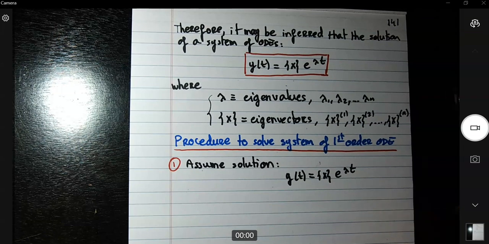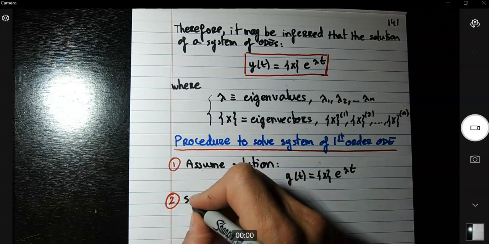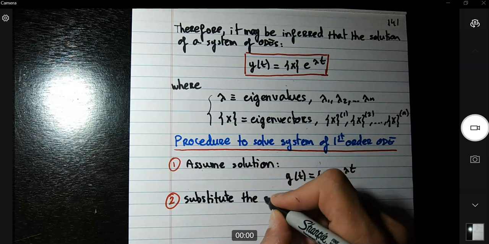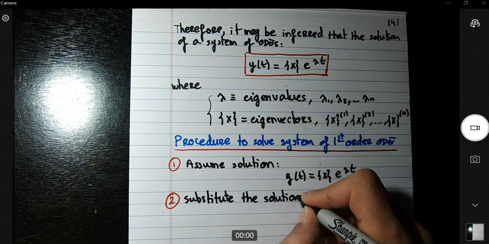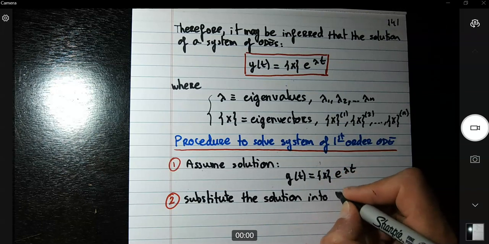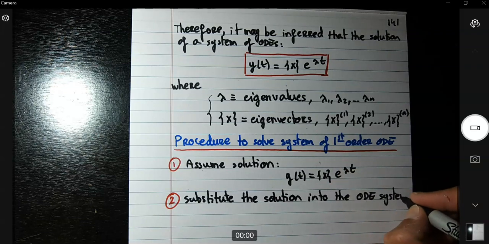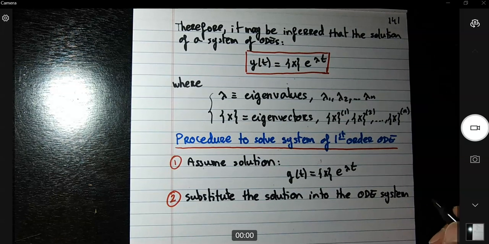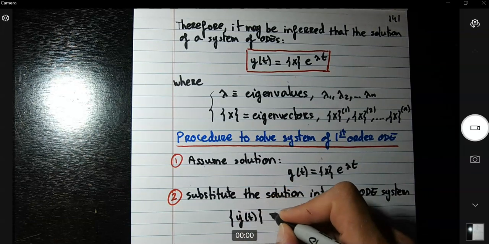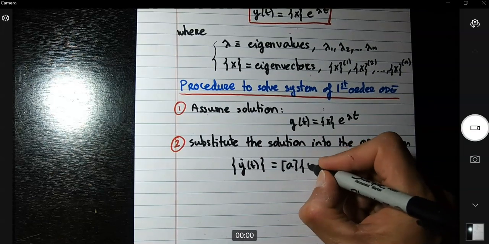The second step now is to substitute the assumed solution into the ODE system. Let's say we have the system, which is y dot of t equal to the constant matrix of coefficients A times y of t.